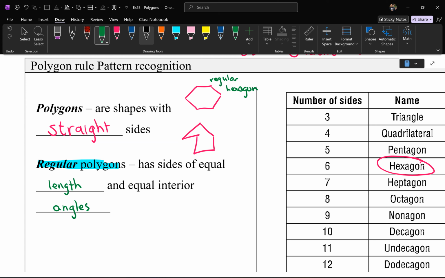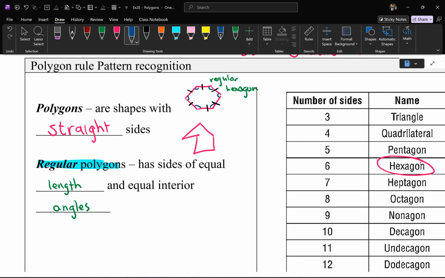Meaning, all the sides are going to be the same length. So you have 6 sides, all sides have to be the same length. And all the angles in each corner have to be the same. Exactly the same. Okay? That's what a regular hexagon is.